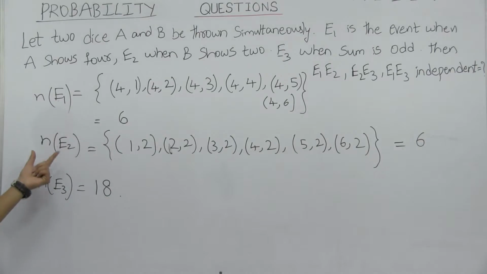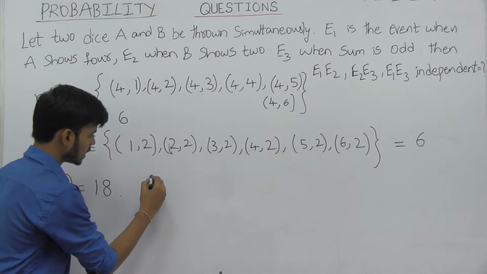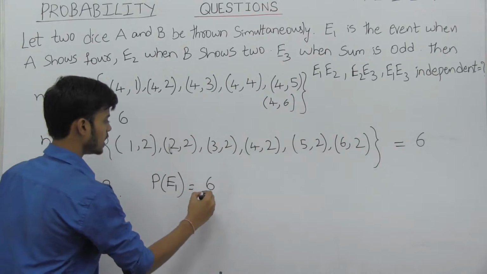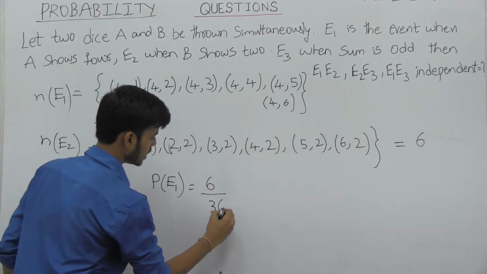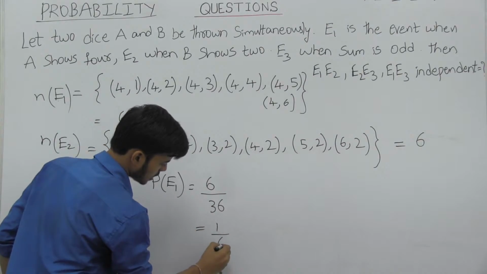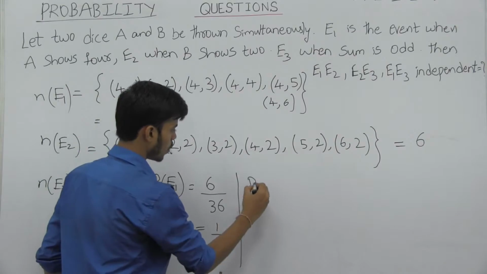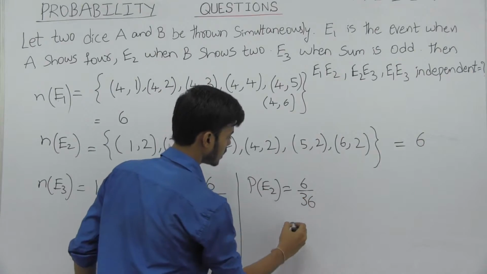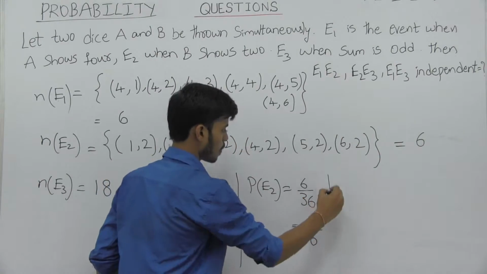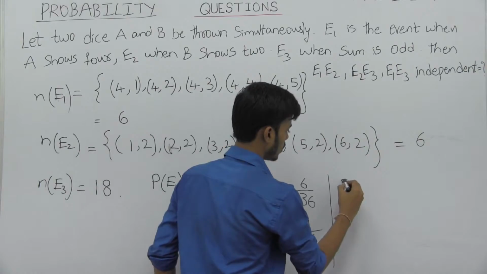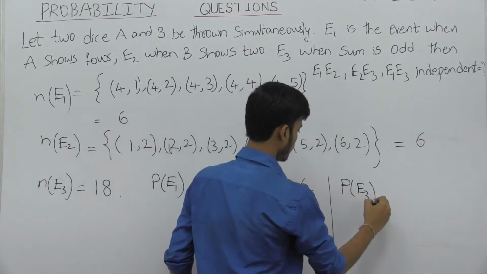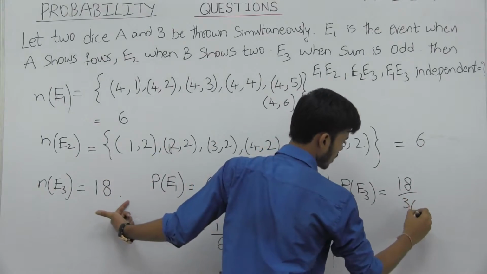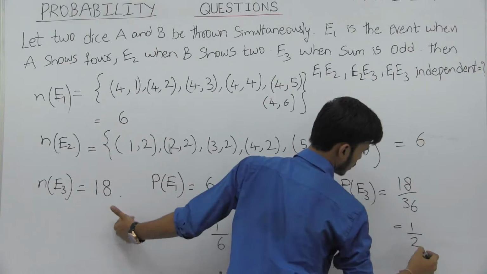Now we have the number of events for event 1, event 2 and event 3. Let's check their probabilities. Probability of E1 is equal to 6 by 6 into 6, which is 36, which equals 1 by 6, and probability of E2, just like E1, is 6 by 36, which is 1 by 6. Probability of event 3 is equal to 18 by 36, which is 1 by 2.